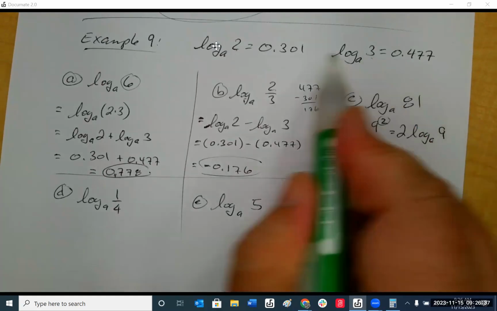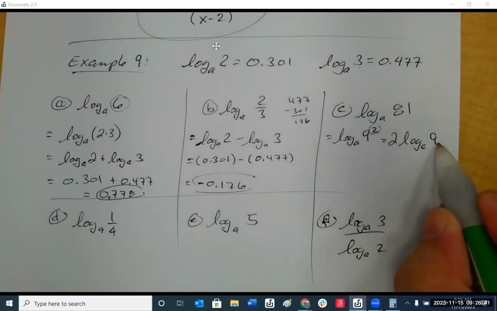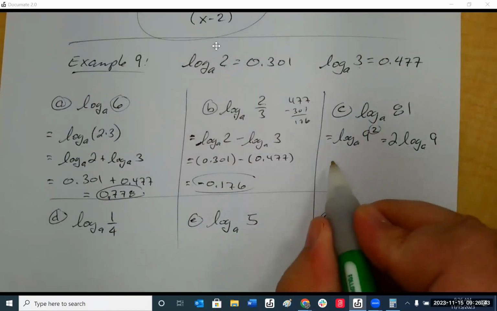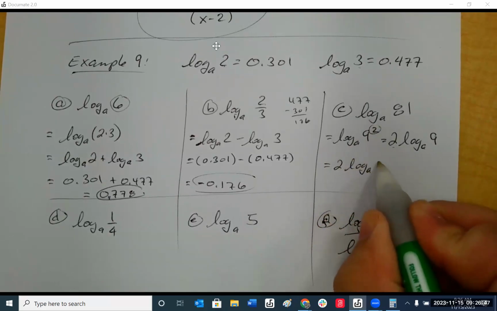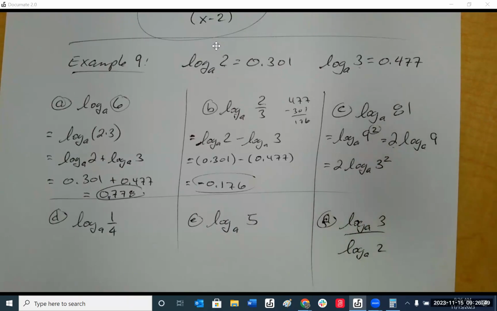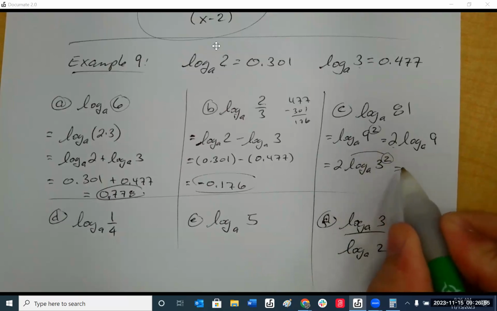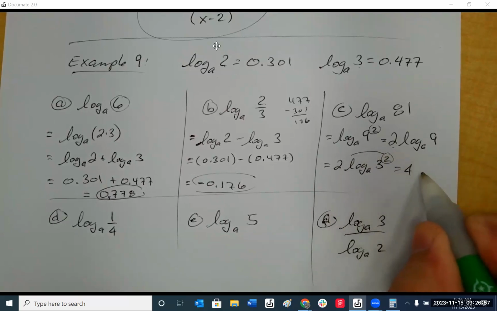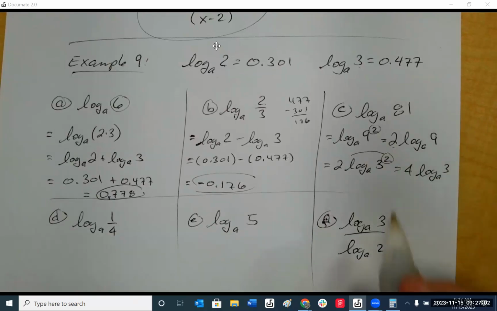So how does 9 relate to one of these two guys? What is 9 made up of? 3 times 3. So we got 2 log base a of 3 squared. Again, another exponent, bring it down. So we have 2 times 2 is 4 log base a of 3.